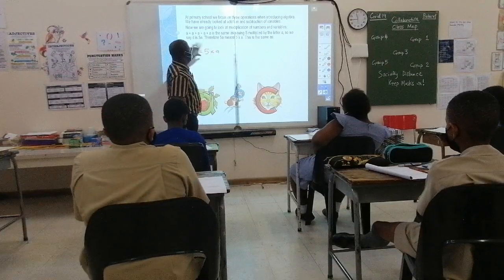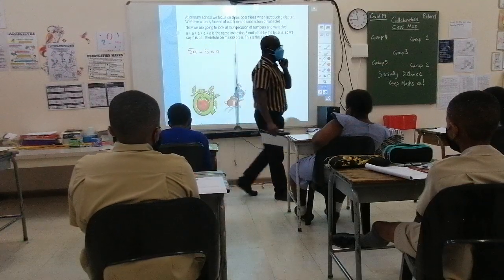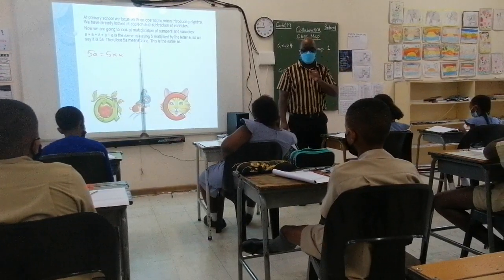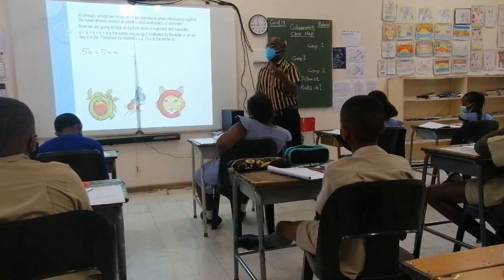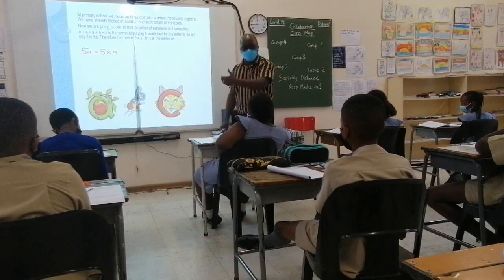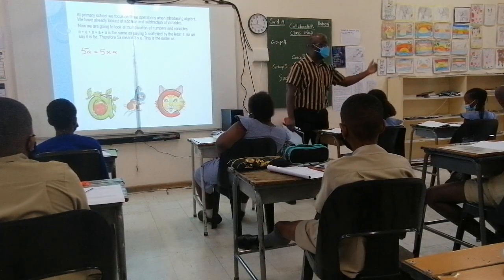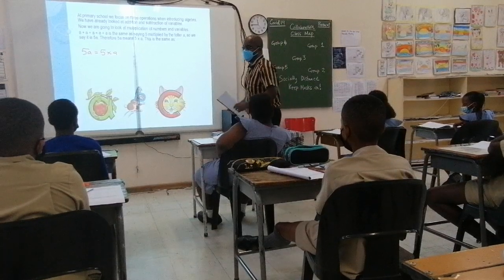And this is what we mean. So 5a means 5 lots of a. But remember, I've said this before, that multiplication and addition are related. You know, we talk about tables. We count in 3s, 3, 6, 9. And then we have the multiplication table. 3 times 1, 3 times 2, 3 times 3. And the answers are exactly the same as if you were just adding 3, adding 3, adding 3 each time. Make sense?